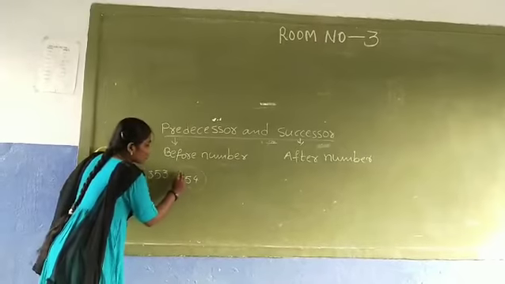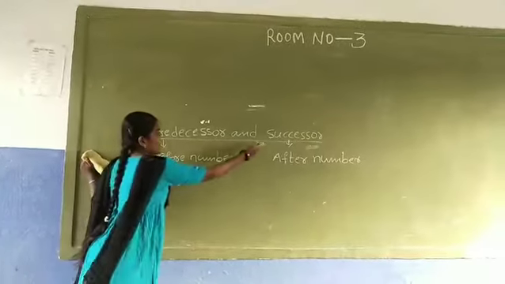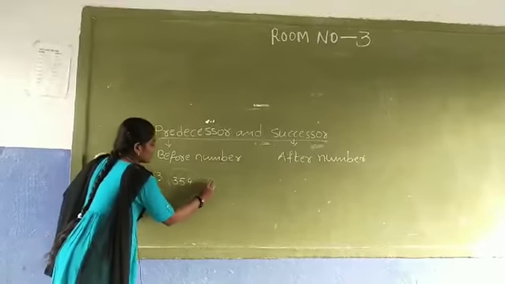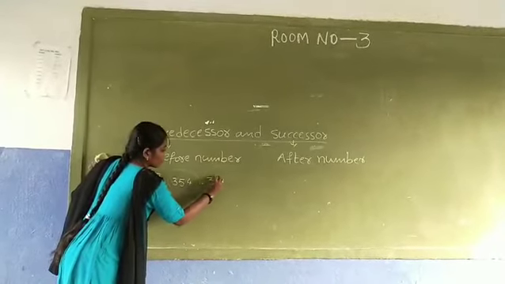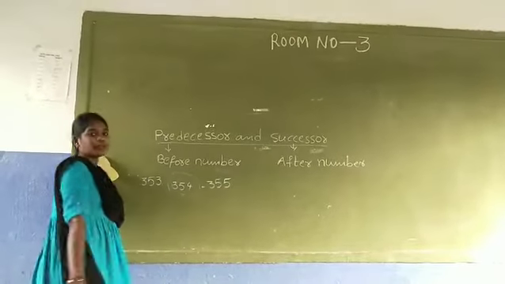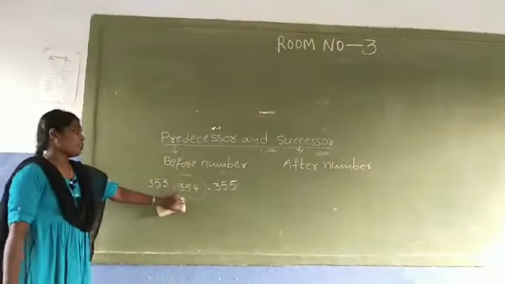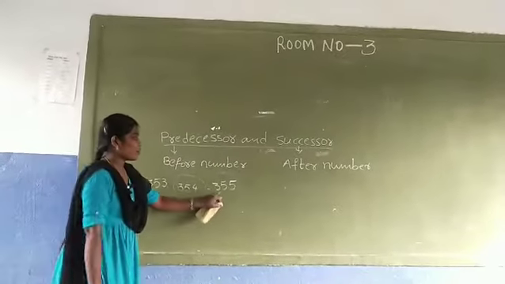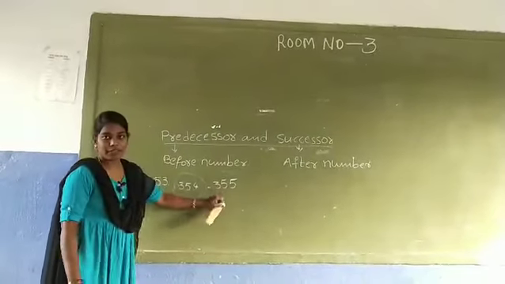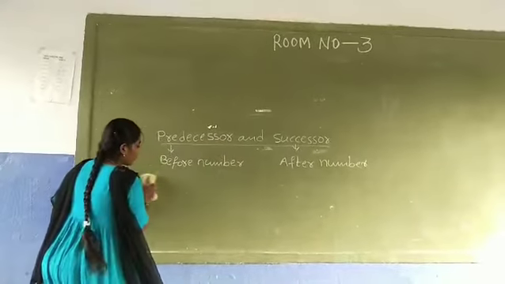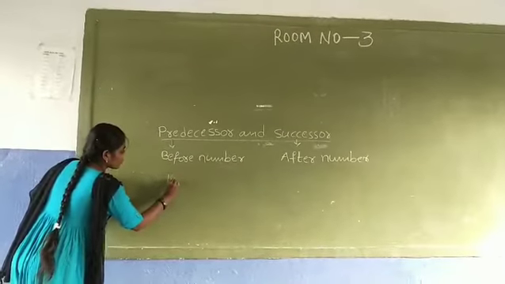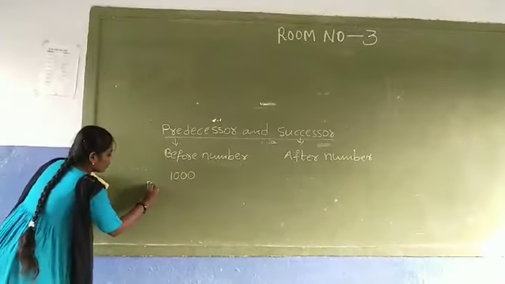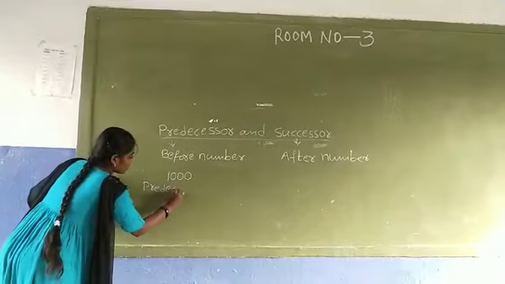What is the successor of this number? Successor means after number. The successor of 354 is 355. The predecessor of 354 is 353. The successor of 354 is 355. Here I am taking one more example. I am writing 1000. Predecessor of this number.